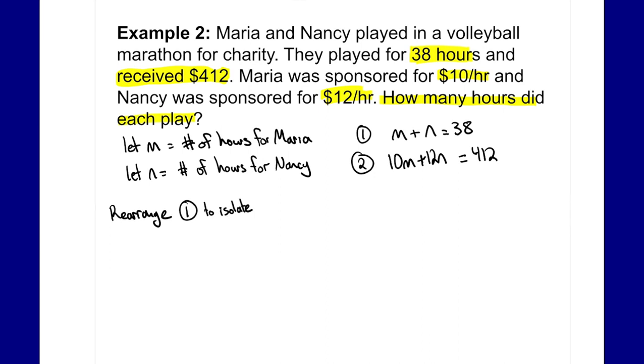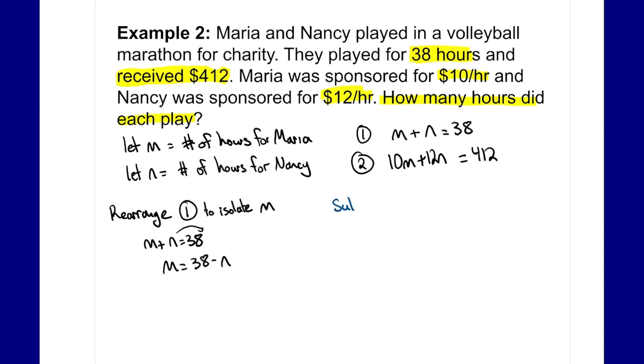Let's say we're going to isolate m. We want to rearrange and find m. So if I have m plus n equals 38, I want to get m by itself, so the n is going to go to the other side. m equals 38 minus n. Straightforward rearranging for that one, not too difficult, I hope. We've rearranged it. Now we have to substitute.